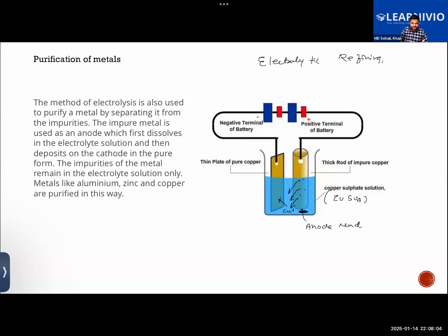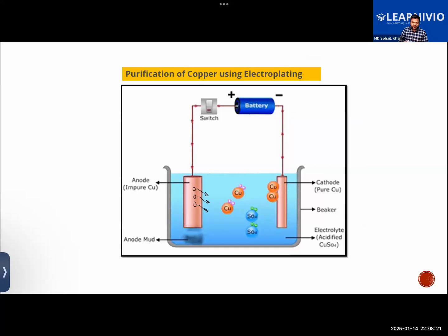So far clear now? The impure copper rod has been made the anode. A thin pure sample of copper plate has been made the cathode, and the electrolyte is copper sulfate, keeping in consideration that the electrolyte should have the same metal that has to be purified.